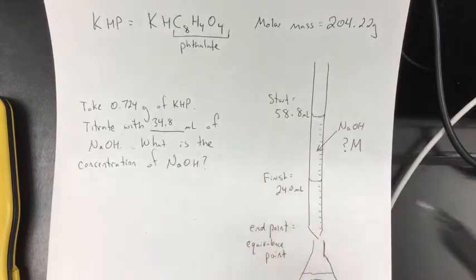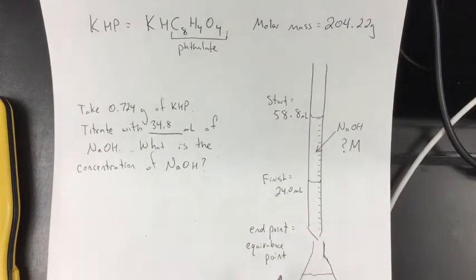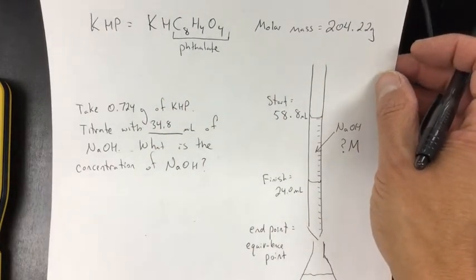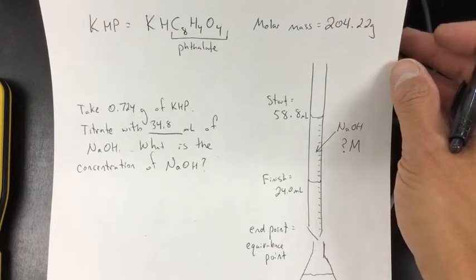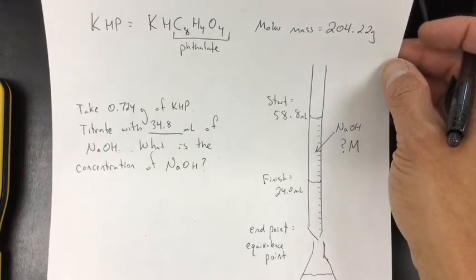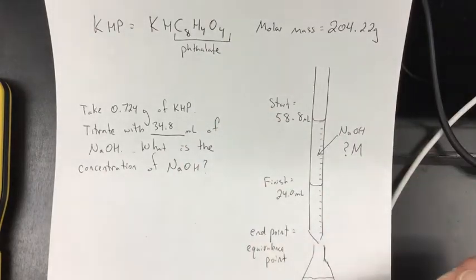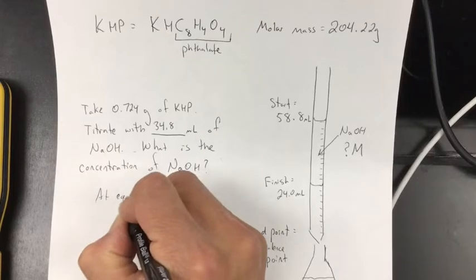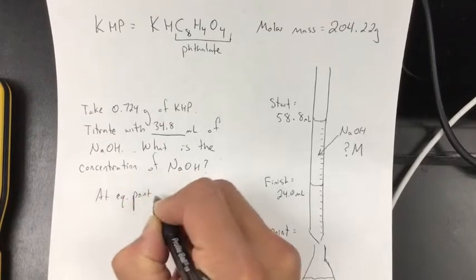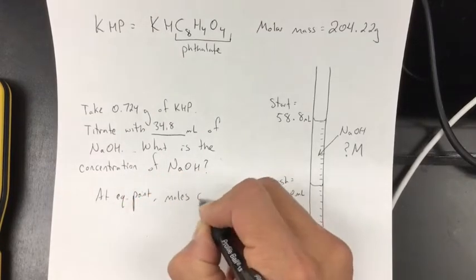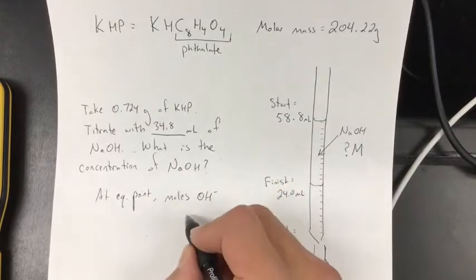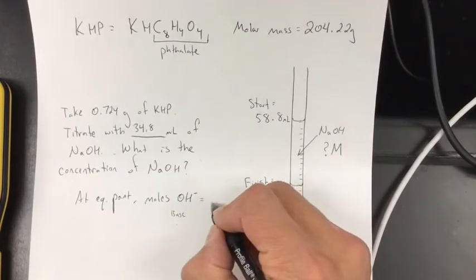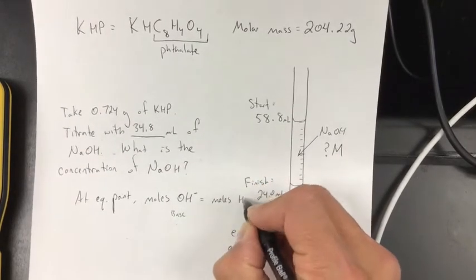And now we can do some math. So one thing you got to know about this, whenever I titrate something at the equivalence point, moles of OH minus, that's my base, equals moles of H plus.